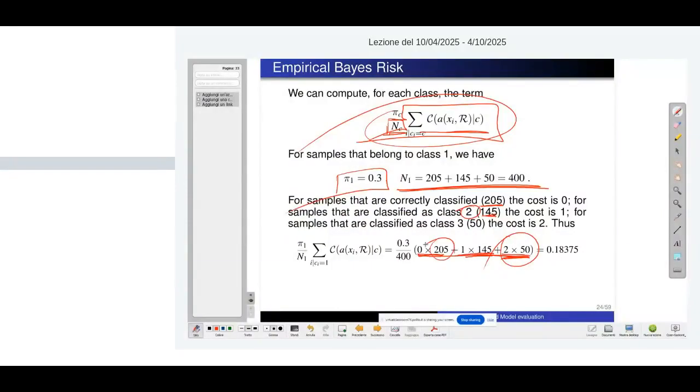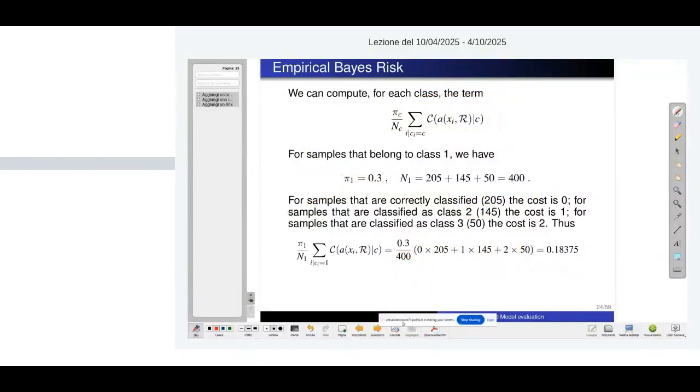So I have 205 samples where the cost is 0, 145 samples where the cost is 1, and 50 samples where the cost is 2. The overall cost, the sum divided by the number of samples, is the average cost per class. Then I need to multiply by 0.3 because 30% of the samples will actually be from this class. So I take the average cost of samples of this class, and 30% of the time I will pay this cost on average for my samples.